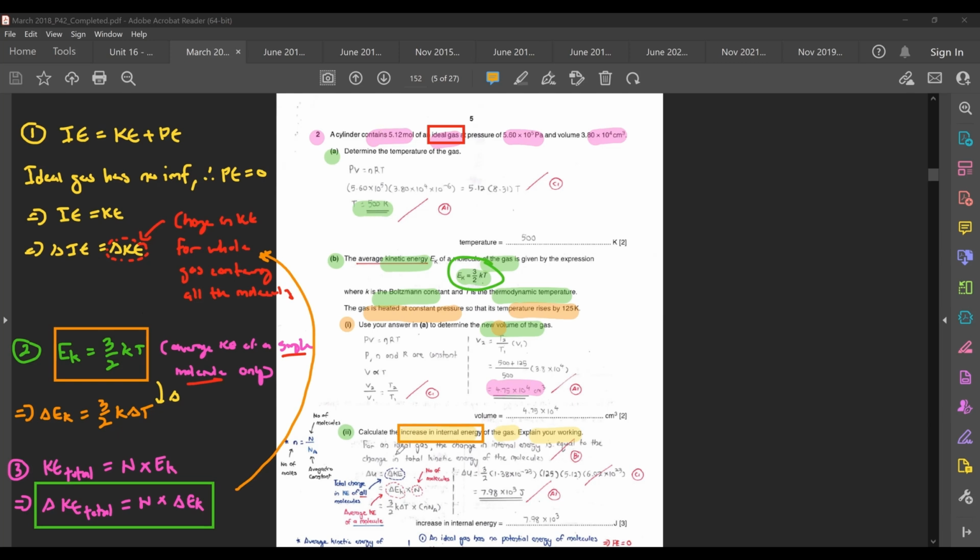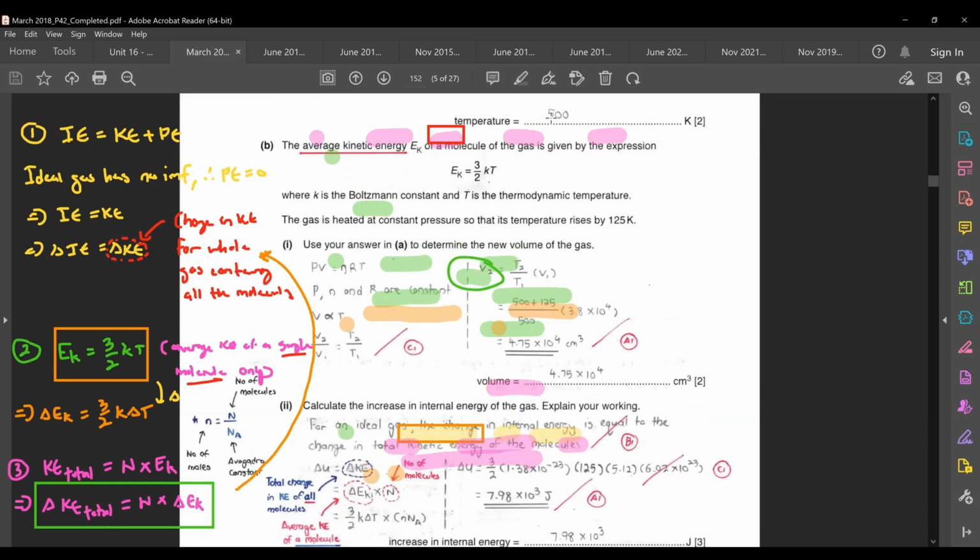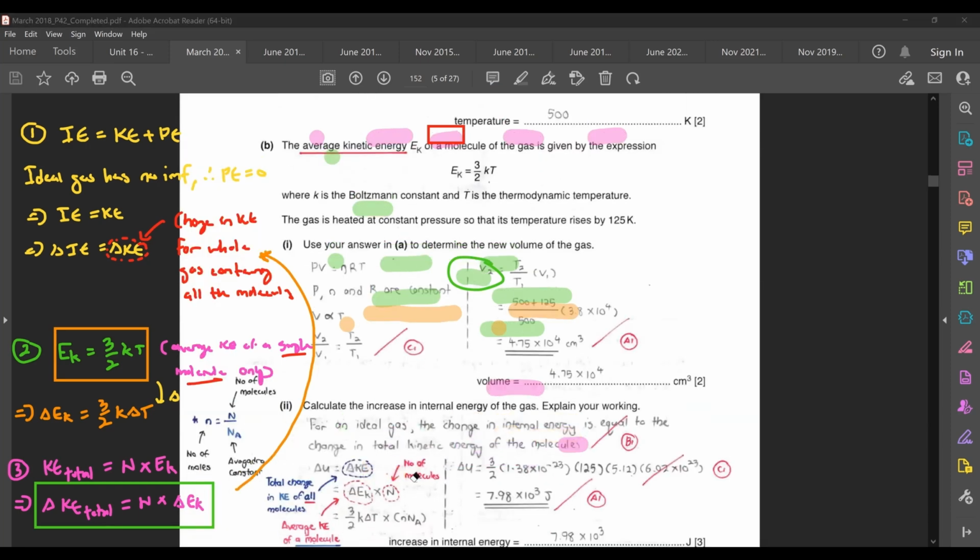So you could probably say something like this: for an ideal gas, the change in internal energy is equal to the change in total kinetic energy of your gas molecules. So written in equation form, delta U equals delta KE. So right now, your change in internal energy is equal to the change in total KE, which in turn is equal to the change in KE of a single gas molecule multiplied with n number of molecules.